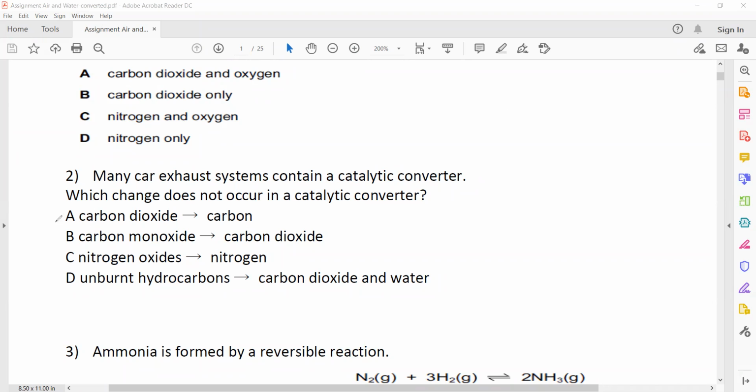Carbon monoxide is converted to carbon dioxide, nitrogen oxide is converted to nitrogen, unburned hydrocarbons are converted too. That's right. But A is what does not happen. A is right.